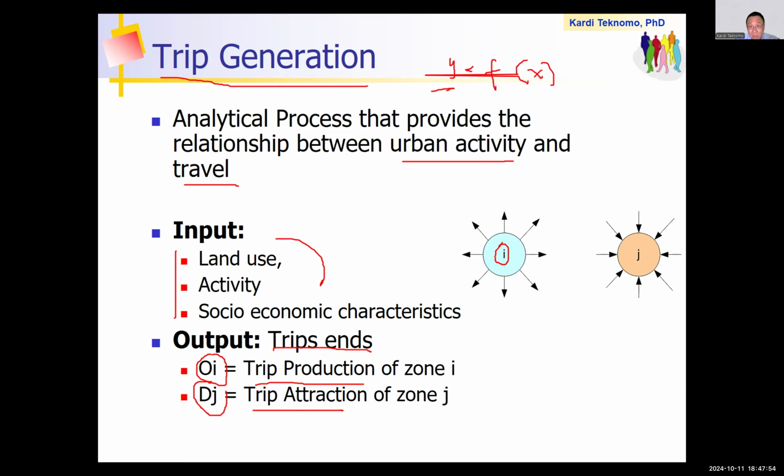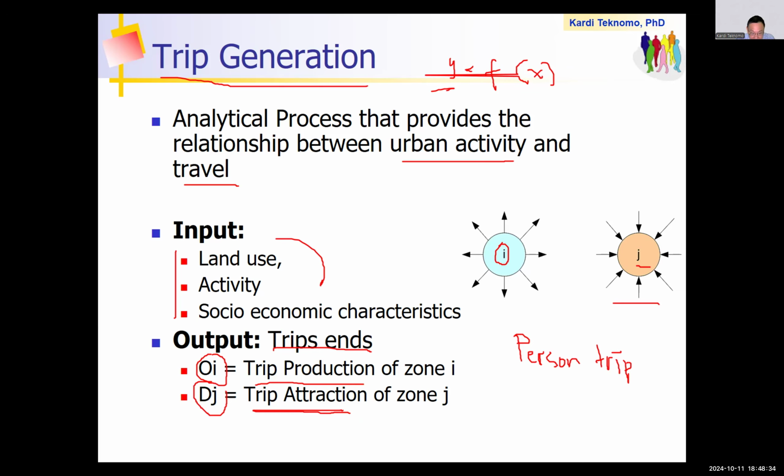Here, we are talking about person trips, not vehicle trips. This symbol represents how much from other zones will be attracted to this zone j. So trip attraction is from other zones to this zone. Trip production is from this zone to other zones.